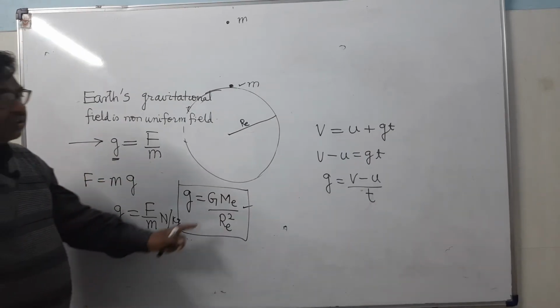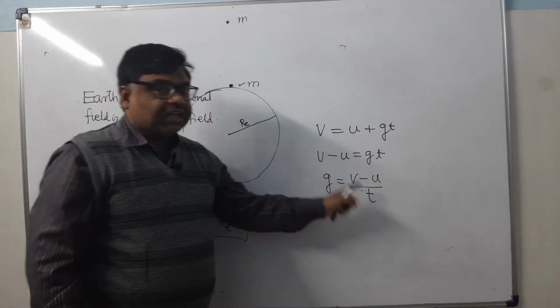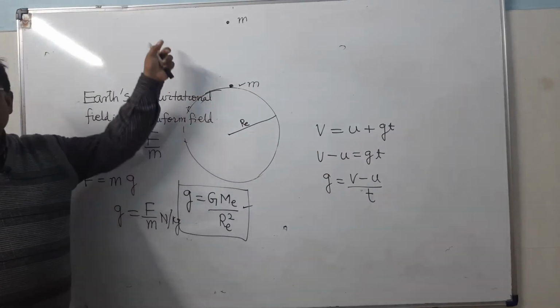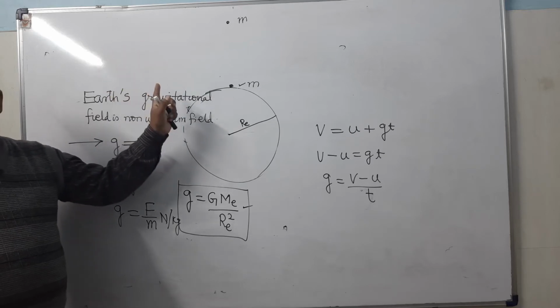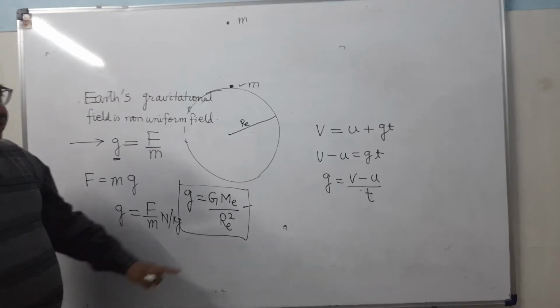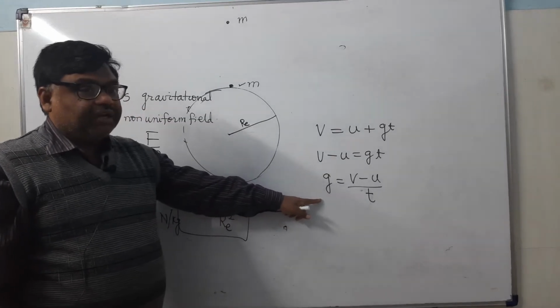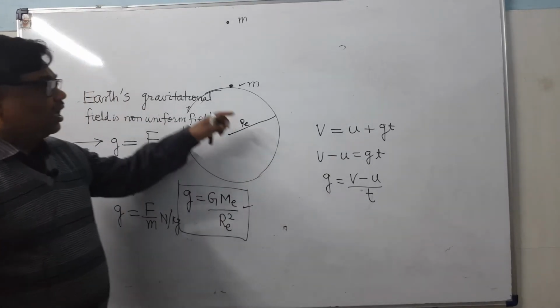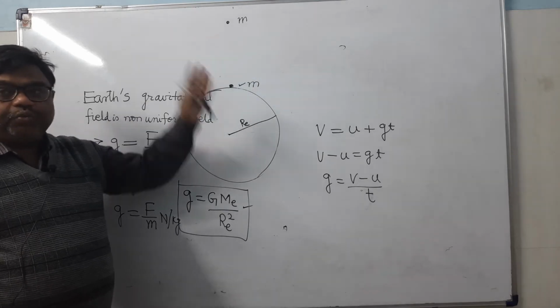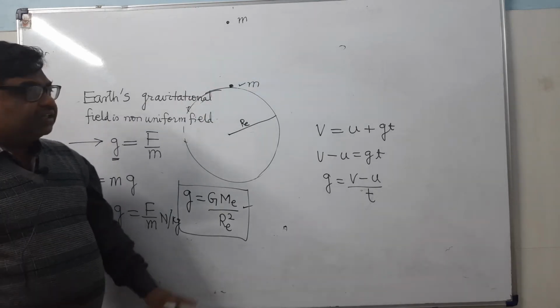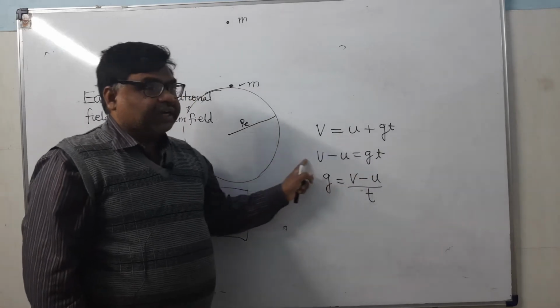But this is applicable only near the Earth's surface, in which we assume that the Earth's gravity remains uniform, meaning the value of g remains fixed. Meaning, up to 100, 200, 500 meters above the Earth's surface. Only in that range it will be correct.